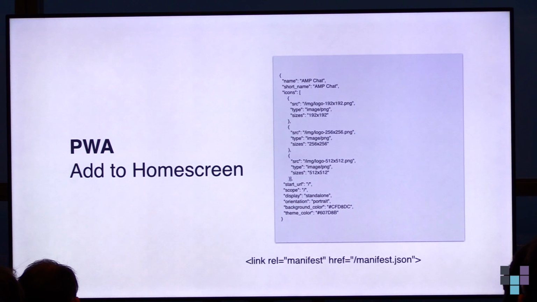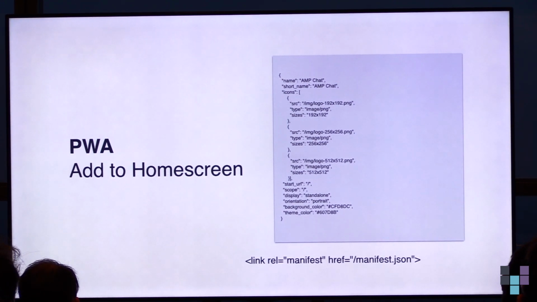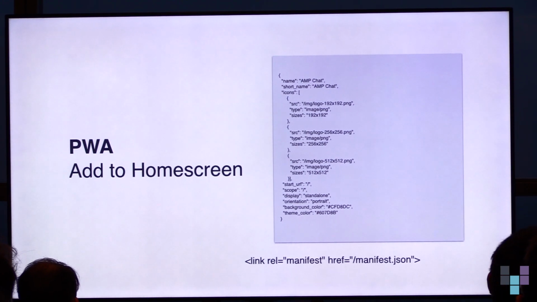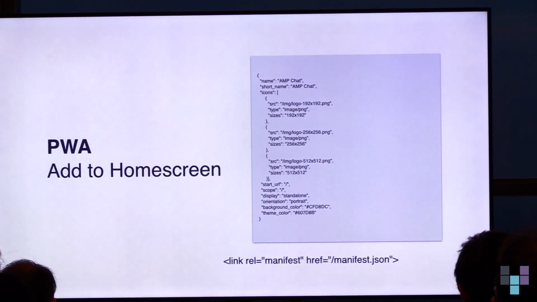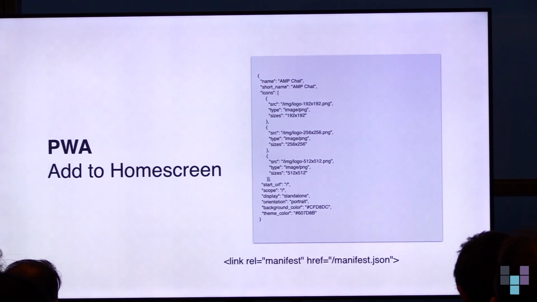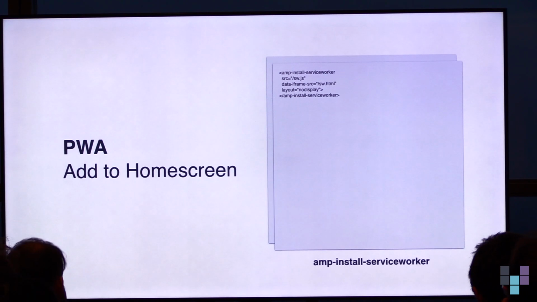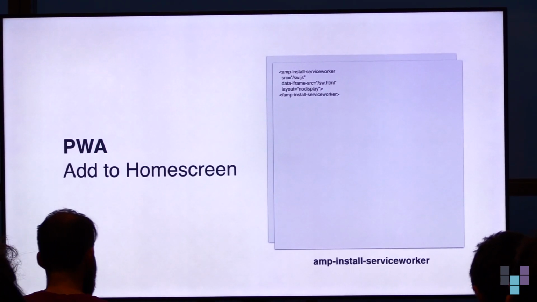And there are a few things you need to do. So the first thing is you need to provide a manifest. That's a JSON file that needs to be on your website. And it declares the name of your application, logos, start URL, and color theme, things like that. And the other thing you need to provide is a service worker.